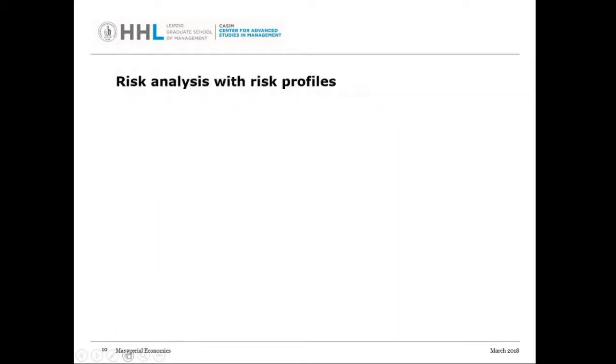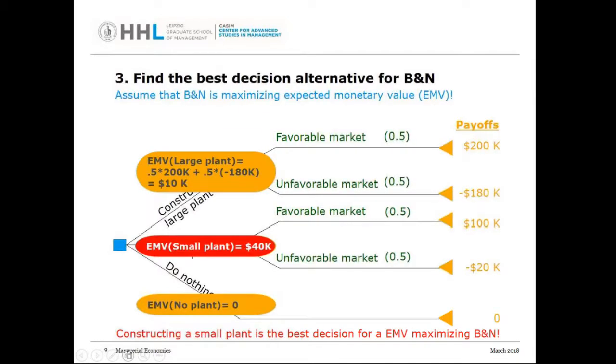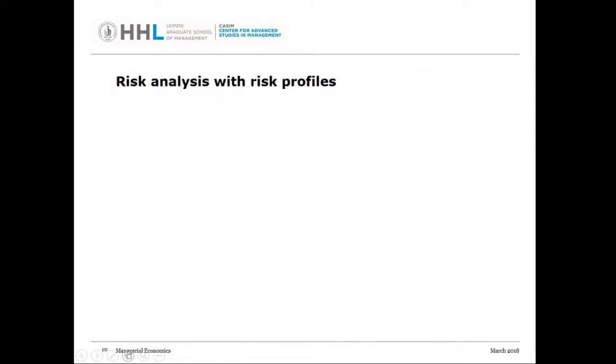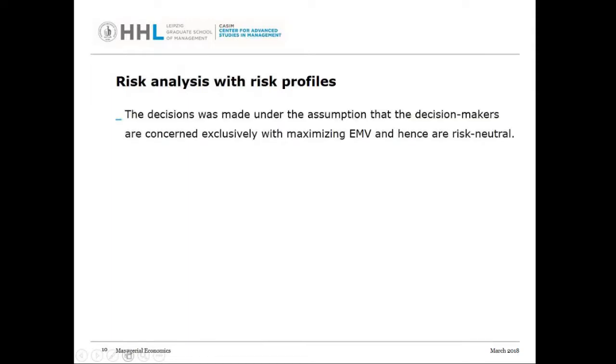Okay, so what about the situation that the firm is not maximizing expected monetary value? In other words, if the firm is not risk neutral, like most of the people, and we observe it looking at the insurance industry, people tend to avoid risk. They actually are ready or willing to pay to avoid risk. And we can have different risk attitudes.